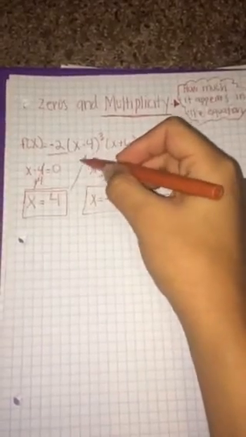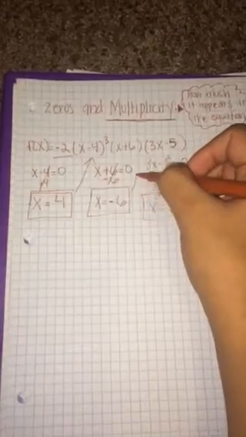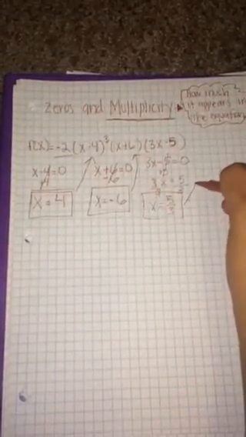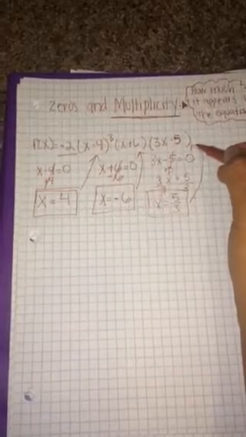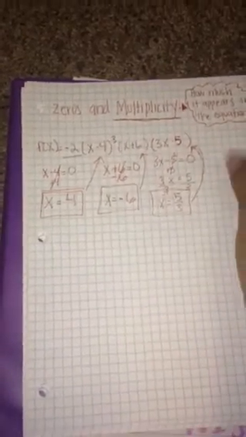We know that when we're talking about x equals 4, it's the same thing as x minus 4, right? And that x equals negative 6 is the same thing as x plus 6. And that x equals 5 over 3 is the same thing as 3x minus 5. We know that for sure. So let's look at this. We have an exponent right here.